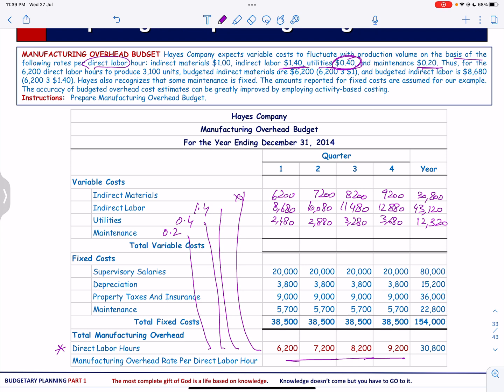So 1,240, 1,440, 1,640, 1,840, and the total will be 6,160. So the total variable cost for the first quarter will be 18,600.